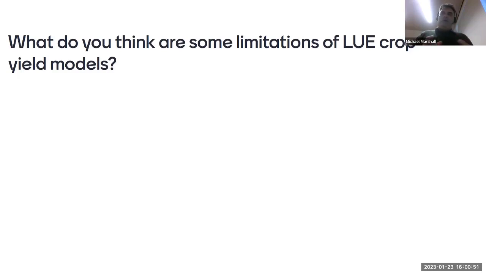Again, I don't want to sell crop light use efficiency approaches. This is mainly just a conversation starter to get you, if you haven't had much exposure to this, to understand sort of the nuts and bolts of crop yield and how remote sensing is used. But maybe now in the question and answer, you can think of some problems we have with this approach.